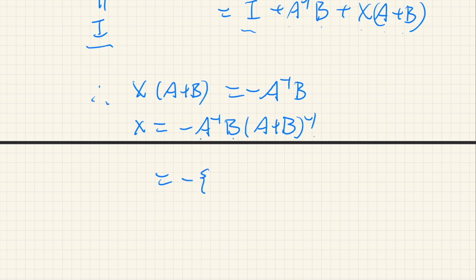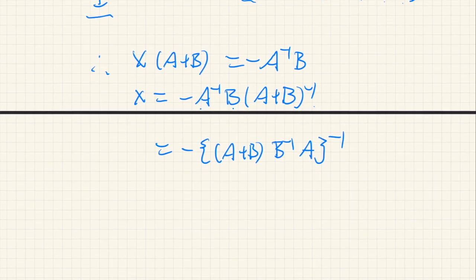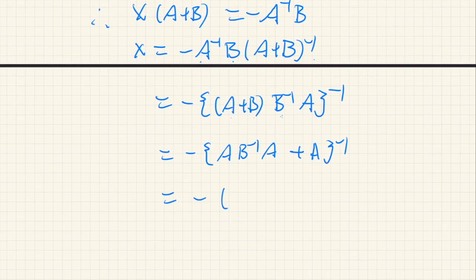Let's take the inverse of everything. Then we swap the order: (A plus B) B inverse A, everything inverse. Now let's expand this inside. Then A B inverse A, and B times B inverse is identity, and this is A inverse. Let's rearrange this a little bit.